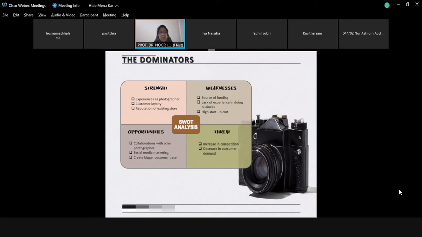Unless you want to merge, or get into another industry, then you also have to study that potential industry. If you think about strengths and weaknesses, it's within your company. So you muhasabah diri, you look inside your company. What are the strengths and what are the weaknesses? But for opportunities and threats, you cannot escape the industry analysis. What's relevant outside of you is determined by your industry, because that is where you belong.